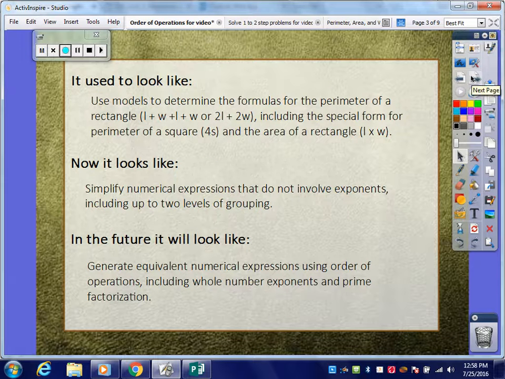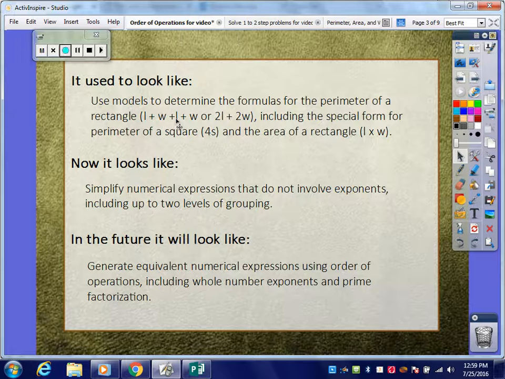In 4th grade, you used the order of operations to find the perimeter of a rectangle when you used length plus width plus length plus width, or 2 times the length plus 2 times the width, including the special form for the perimeter of a square, which is 4 times the side, and the area of a rectangle, length times width.